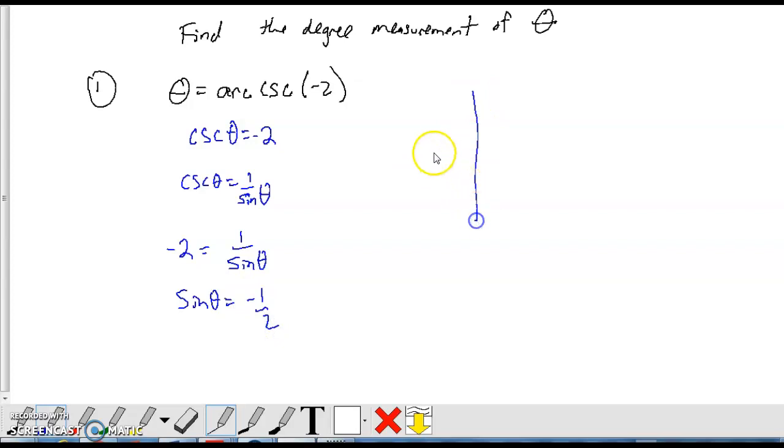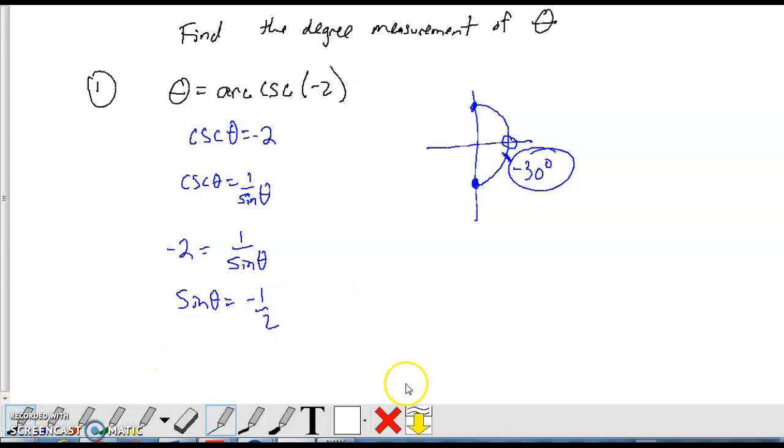That helps me trying to figure out which quadrants I'm in. Again, this is cosecant, so technically there's an open circle right there. -1/2 right here. So it'll be -30 degrees. So again, if you don't know your unit circle like the back of your hand at this point, it's going to make this section challenging.